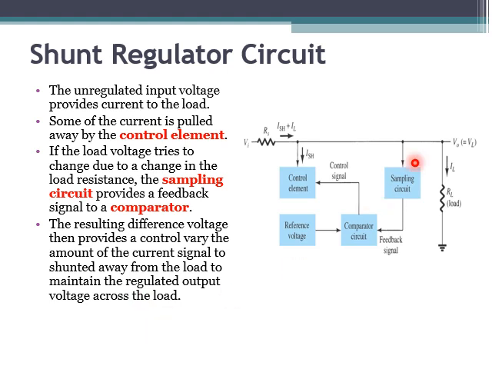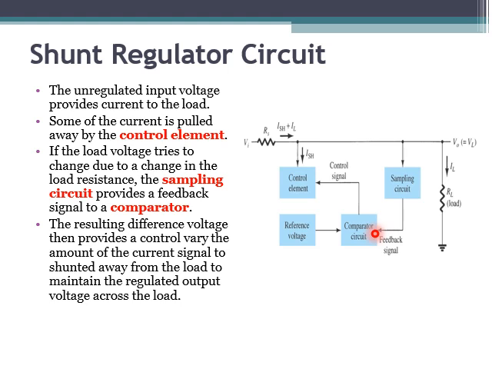Okay, right? So if there is any change in the load, there will be a change in the load voltage. That will be sensed by the sample and hold circuit, which will be given to the comparator circuit. Your comparator circuit actually always has two inputs. One is the reference voltage, which we always feed into the comparator circuit. About the comparator circuit you will study in detail in linear integrated circuits.